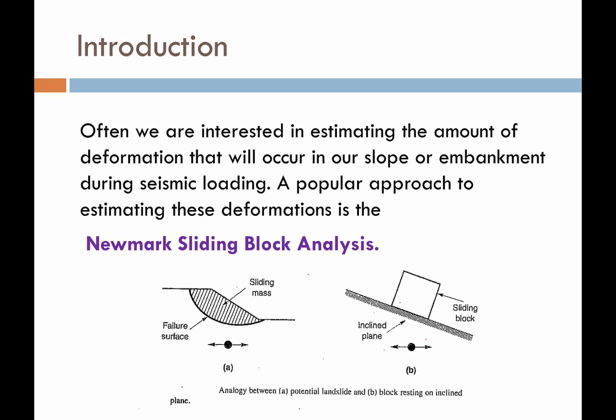In both cases we have friction along the bottom of these masses that's preventing the block or the soil mass from sliding down slope. So we're going to use the more simplistic problem of the block on the slope, estimate its displacements, and then equate that to the soil mass and its displacements.